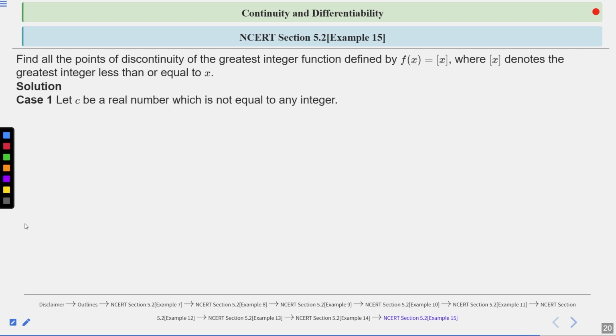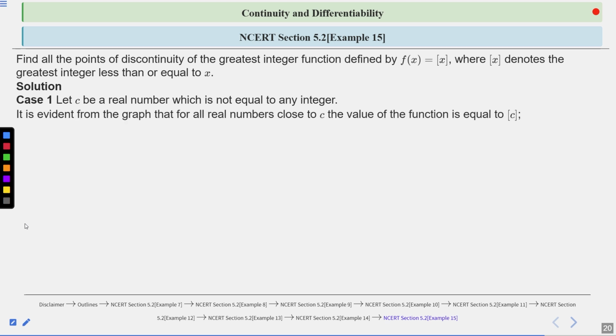Case 1: let c be a real number which is not equal to any integer. It is evident from the graph that for all real numbers close to c, the value of the function is equal to [c].